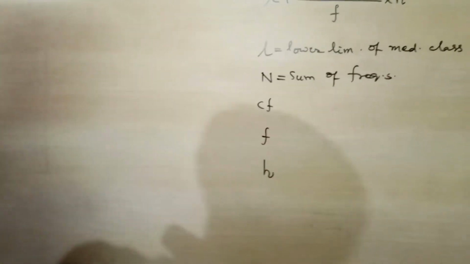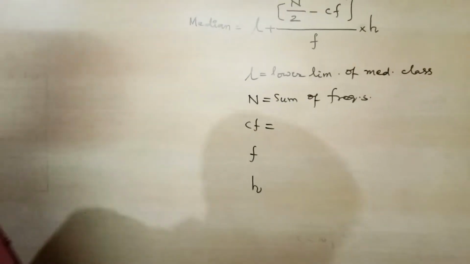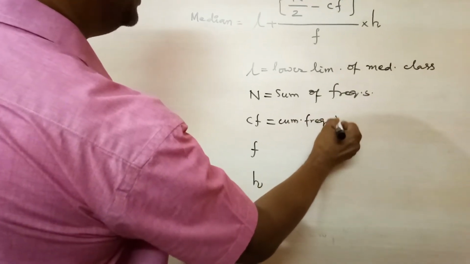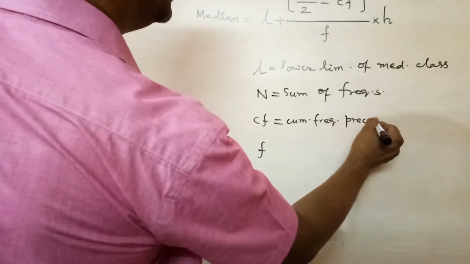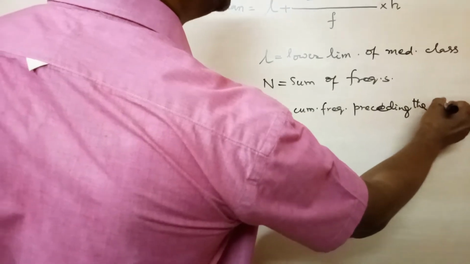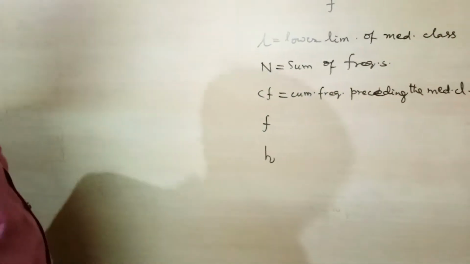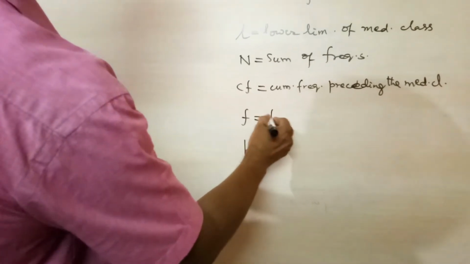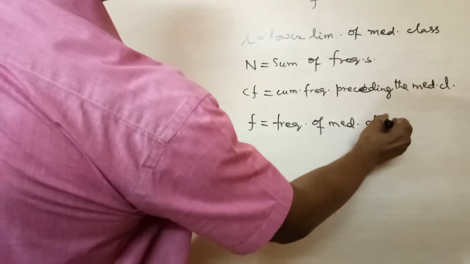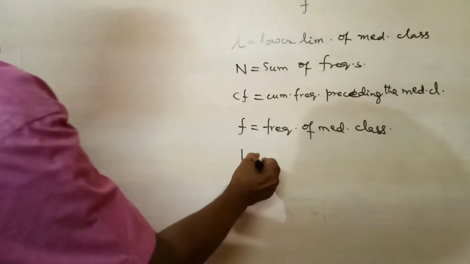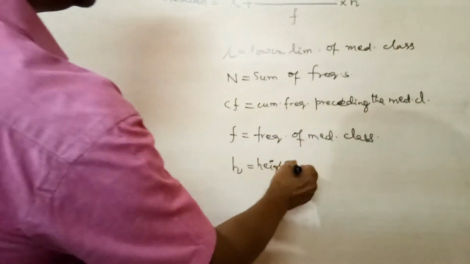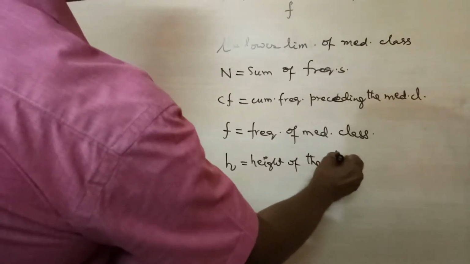CF means the cumulative frequency preceding the median class. f means the frequency of the median class. h means the height of the class.